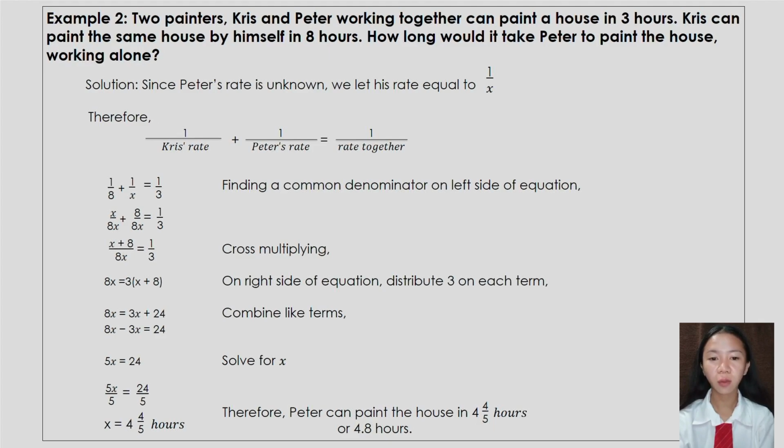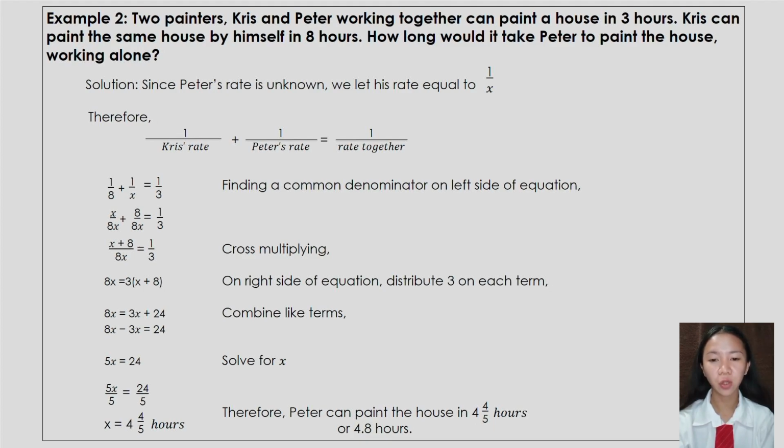On the right side of the equation, distribute 3 on each term, which is 8x equal to 3 times x plus 8. Next is 8x equal to 3x plus 24.